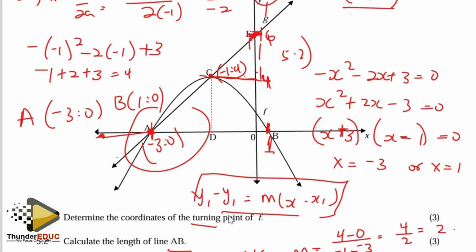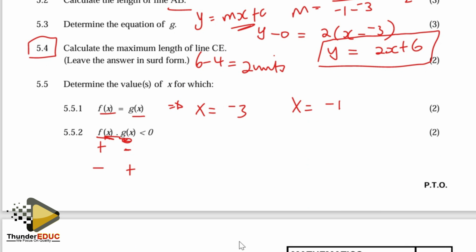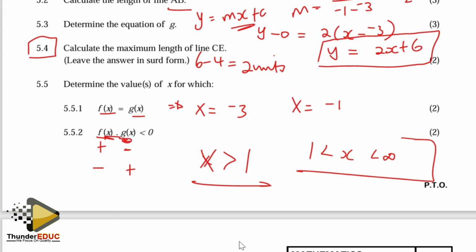So between B to positive infinity, all I'm going to say is either x must be greater than 1, I think that's the perfect one, or you can say 1 is less than x, x is less than positive infinity. Either way, that would be one option to represent that.